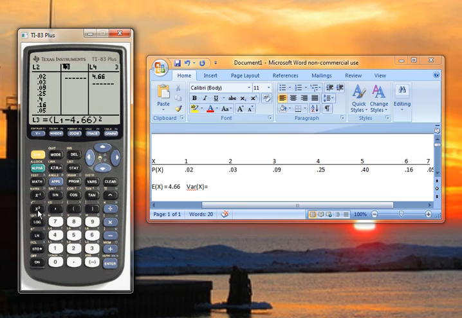There's my squared button. Then we're going to multiply that by L2, by the probability.